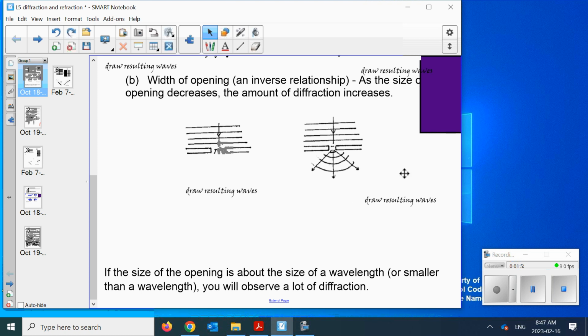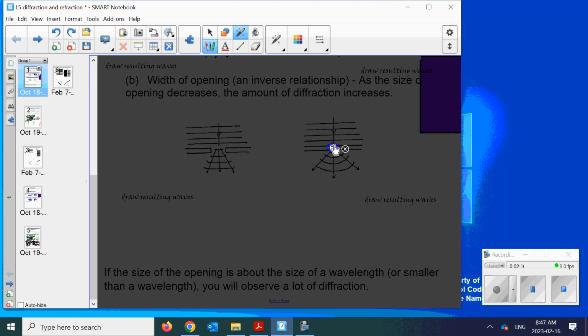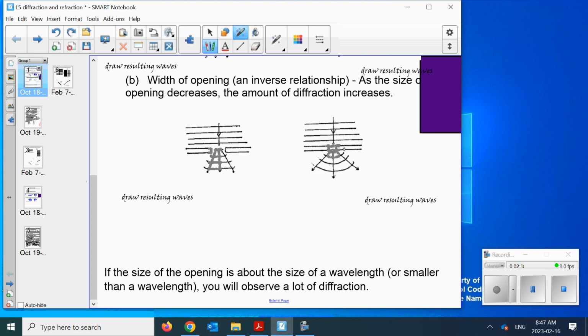It'll almost come out as a circle. And so here, we have a wide opening compared to the wavelength. Like the wavelength is the spacing between two crests. So not as much. You just get a little bit of diffraction. A lot of diffraction when the opening is smaller or the same size as the wavelength. Does that make sense? Okay.